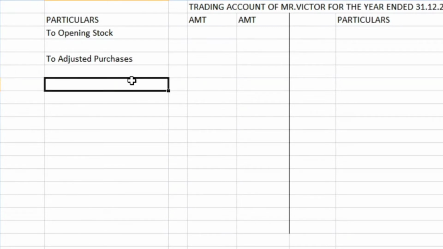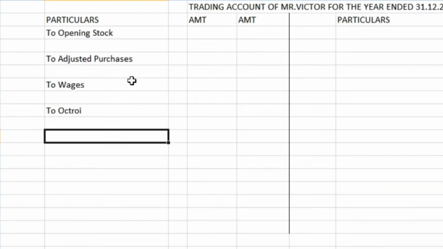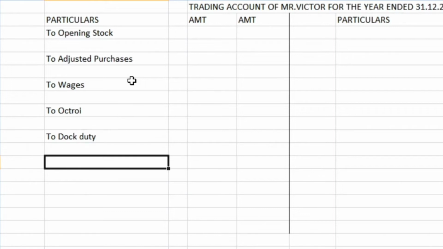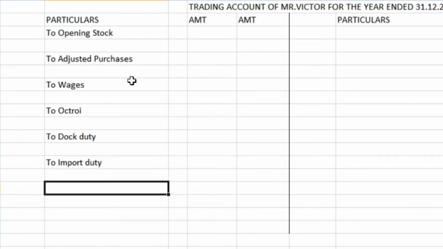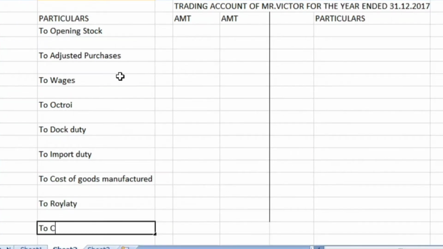Then now comes your expenses. So to wages, to octroi, to dock duty or dock charges, to import duty, to cost of goods manufactured, to royalty, to carriage or freight inwards.